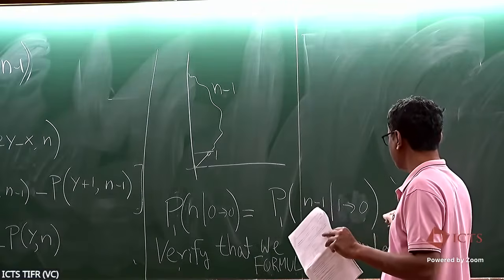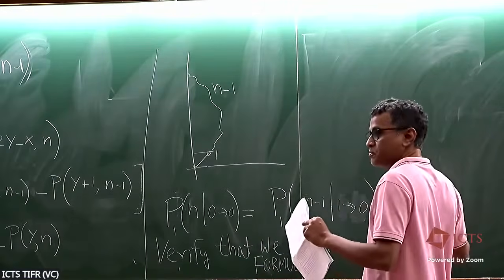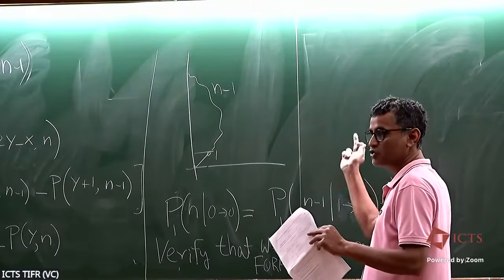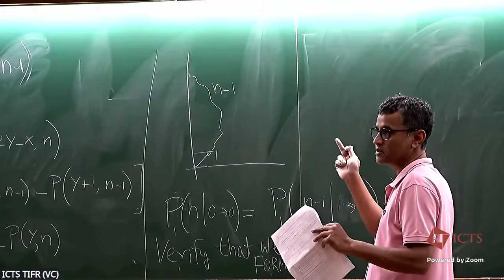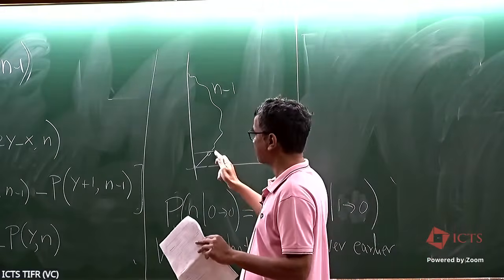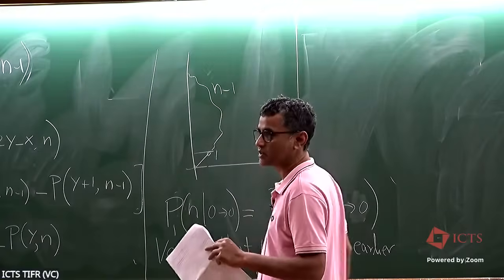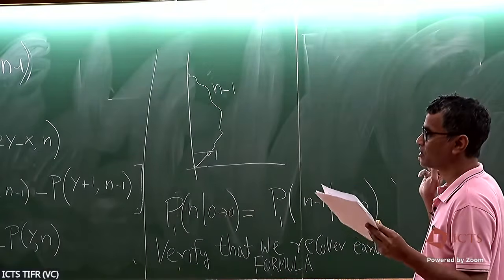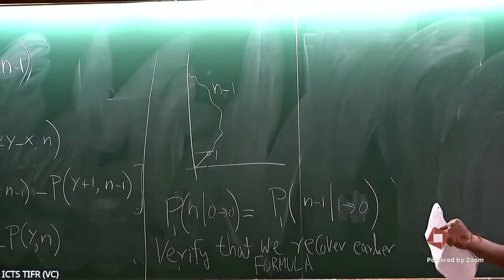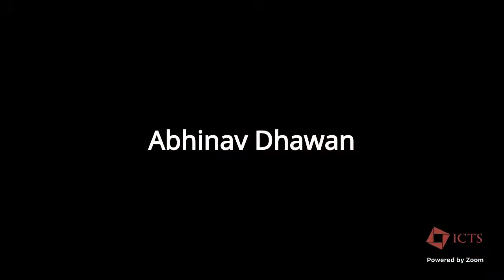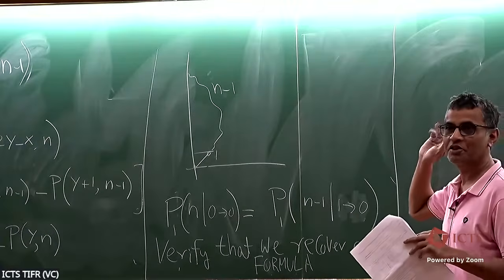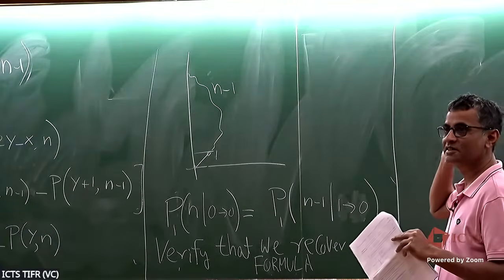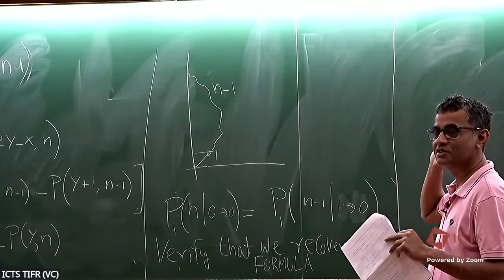I can write half and then plus half of the other one, but those probabilities should be the same, right? Going from here or going from here back to here. Was there a question from someone online? I had the same question. No.